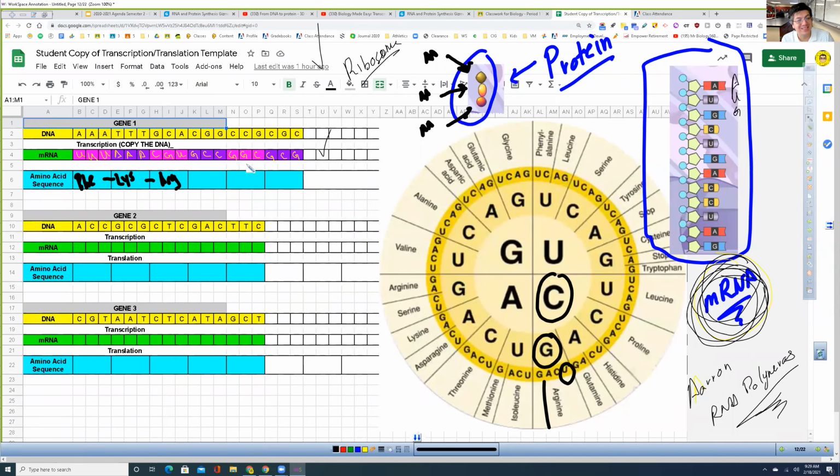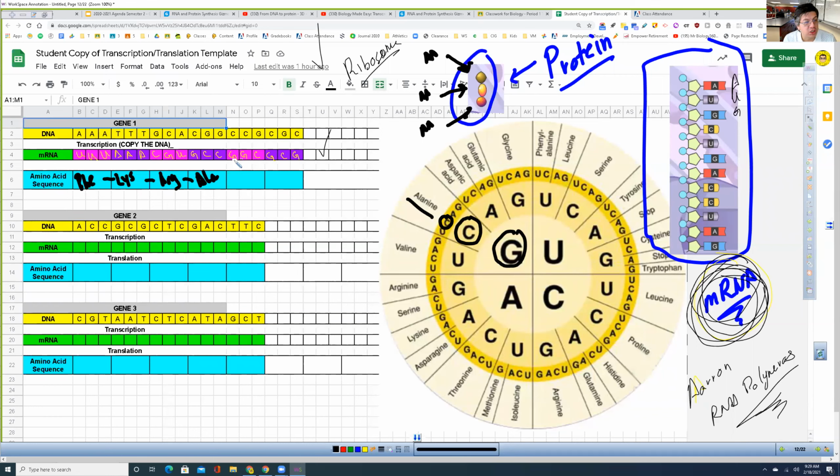So GCC. Okay, that means that the ribosome has to add alanine and connect these 3 to that.